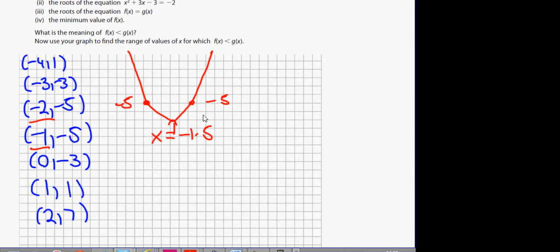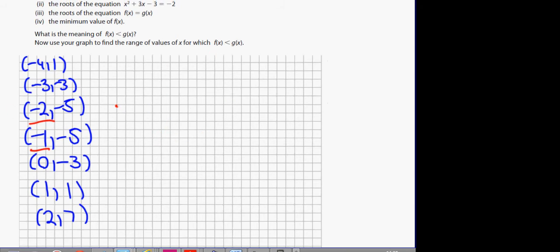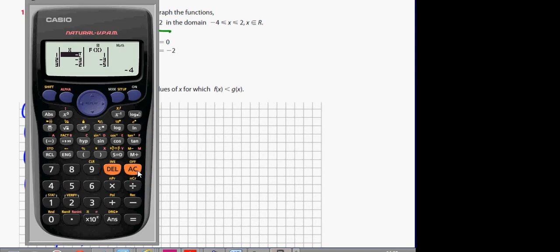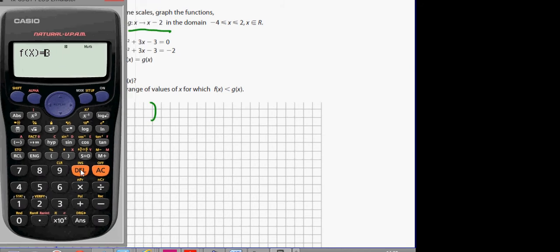Okay, that's grand. Now, before we even go about drawing that, what we should do next is get the line's values, which I'll do in green. So let's get the points on the line. Once again, you go back to your function, and this time you do x minus 2.